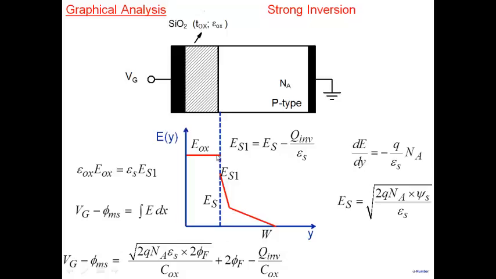And the field here is made up of Es, which is here, and the inversion charge. So the field part, this E oxide into T oxide gives us this particular part. Okay. And so this equation that you see here, one can also then take this particular part, phi ms and all this, one can club it into, basically this is equal to threshold voltage. So we get Vg minus Vt equal to minus Q inversion by C oxide.